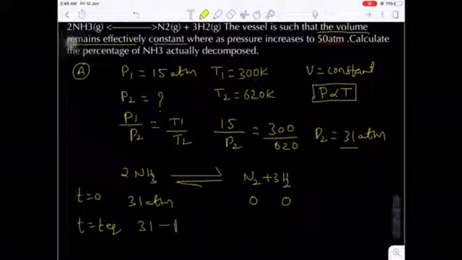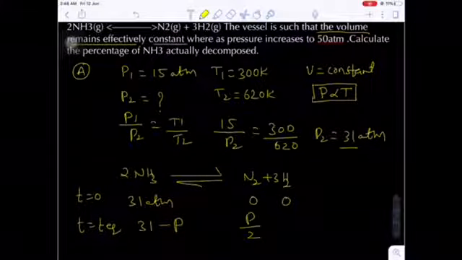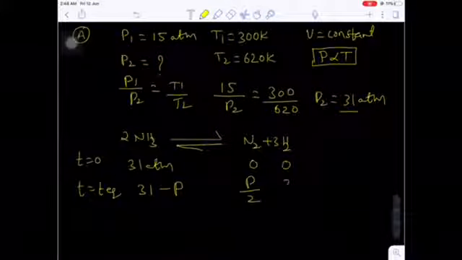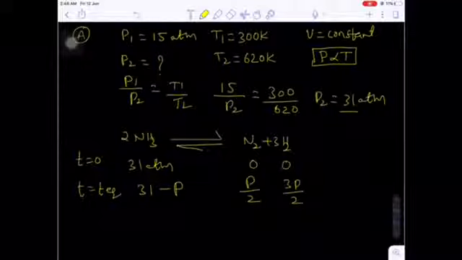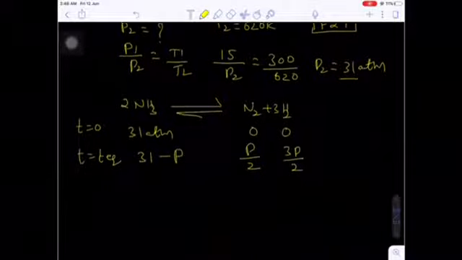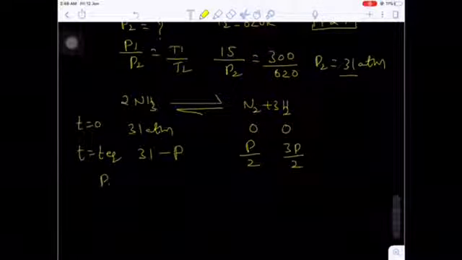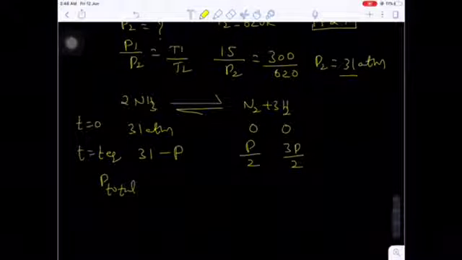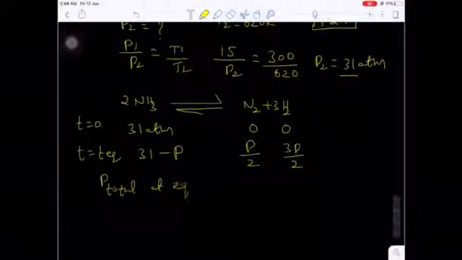Let's suppose after attaining equilibrium, P atmosphere of ammonia decomposes, according to which P/2 atmospheres of N2 and 3P/2 atmospheres of hydrogen will be developed as per the 2:1:3 stoichiometry. Now what is the total pressure at equilibrium?